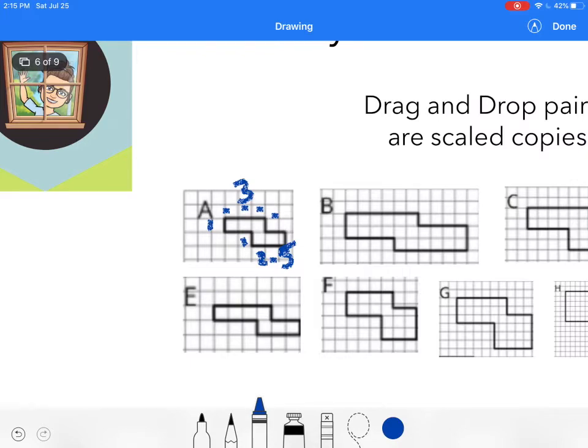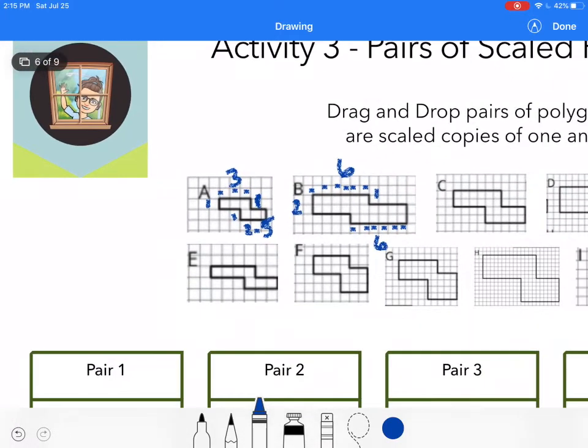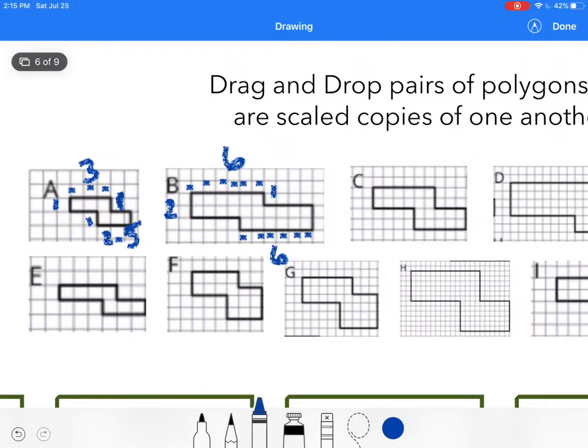All right, so this is 1, 2, 3, 4, 5, 6, and this is a 2, and this is a 1, and this is 1, 2, 3, 4, 5, 6. So when I look at it, I see 3 times 2 is 6, 1 times 2 is 2, but 2.5 is not 6. So those two are not a pair yet.